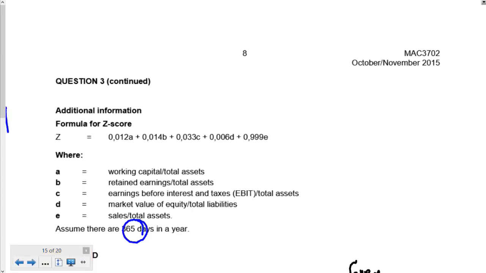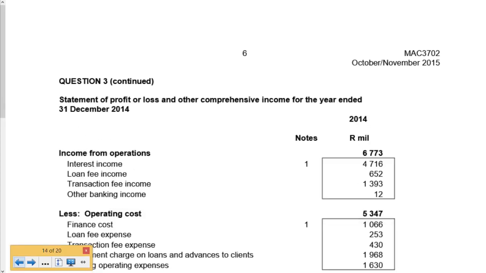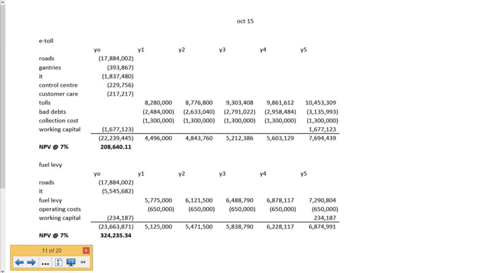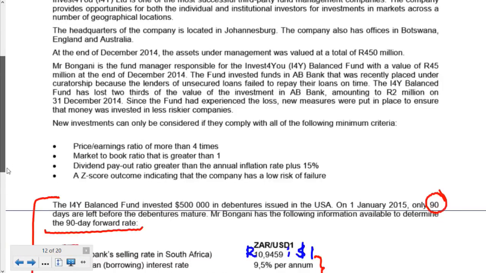Assume 365 days in the year. I want you to do a forward rate to value the debentures.